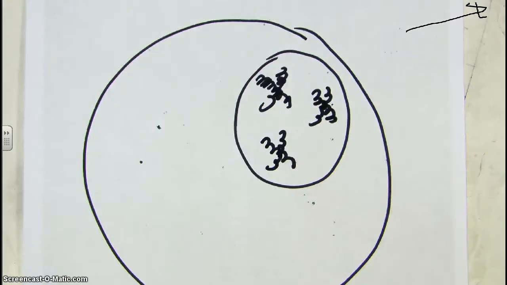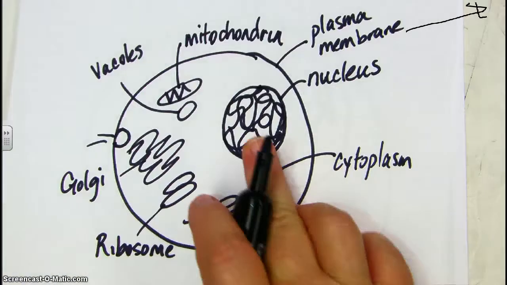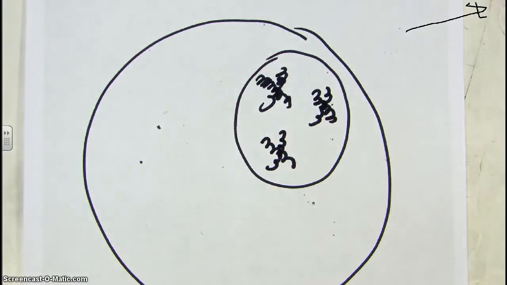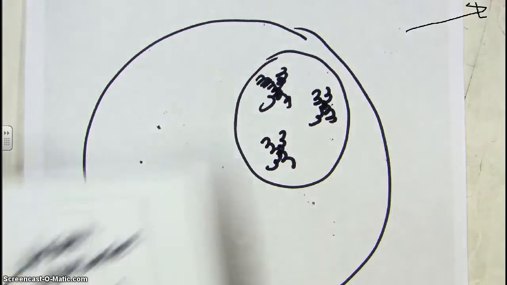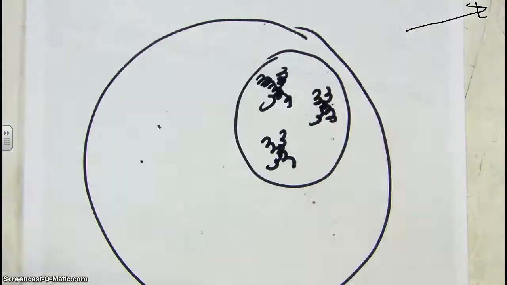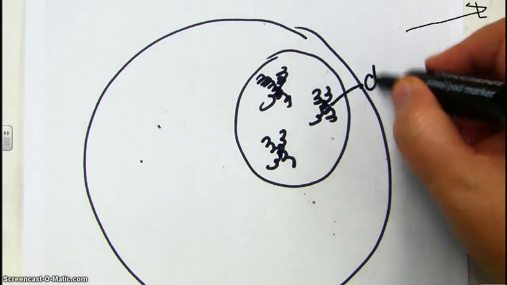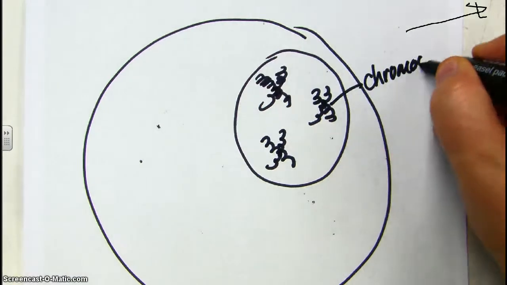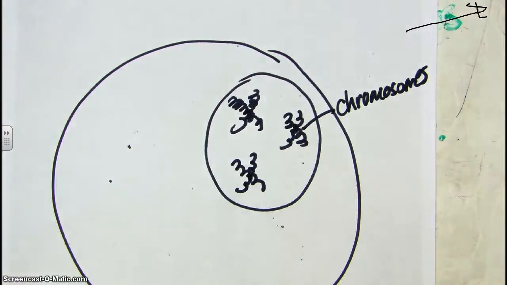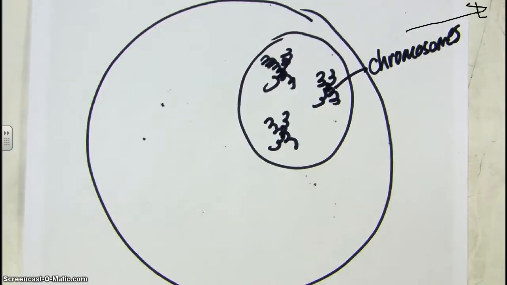So instead of looking like this mess, it looks nice and tidy. Sort of like when your mom asks you to clean up your room, you take all those clothes that are strewn all over the floor and you fold them up into nice tidy piles, okay? So those are chromosomes, which are just tightly coiled pieces of DNA.